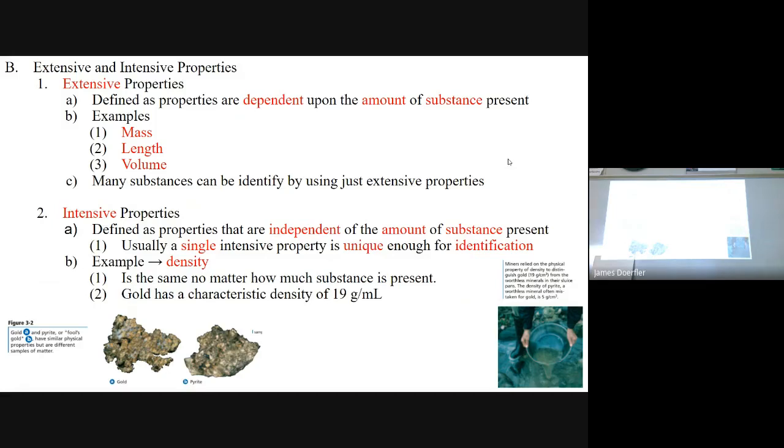Now, intensive properties, there's a reason why I highlighted the "in" there, okay, in intensive properties. These are properties that are independent of the amount of substance present. And usually a single intensive property is unique enough to identify a substance.